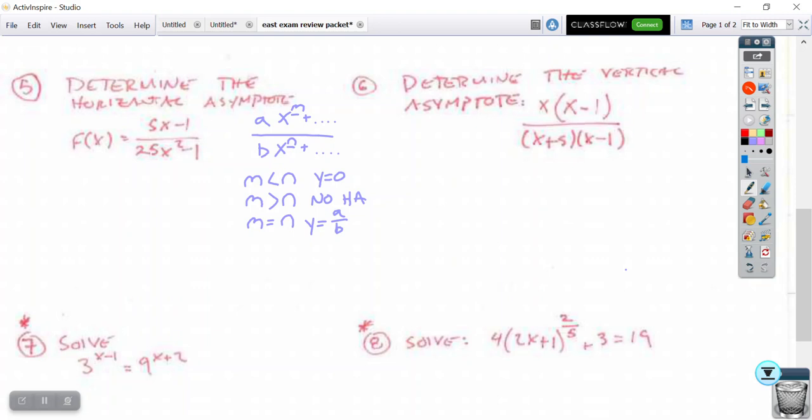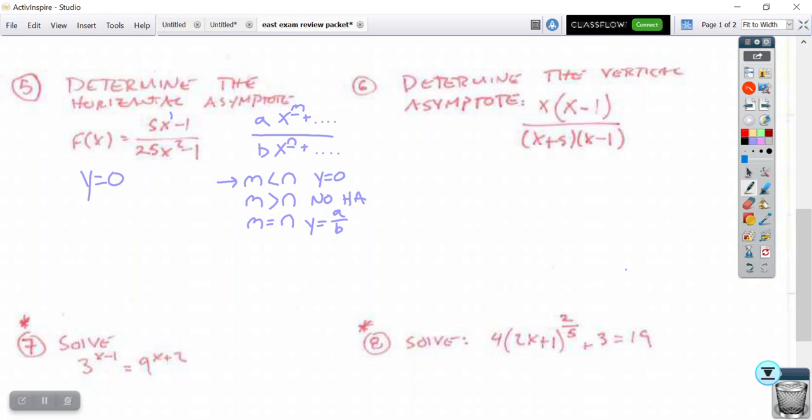We have an exponent of 1 in the numerator, an exponent of 2 in the denominator. 1 is clearly less than 2. So we're talking about this situation here. So the equation for the horizontal asymptote is y is equal to 0.